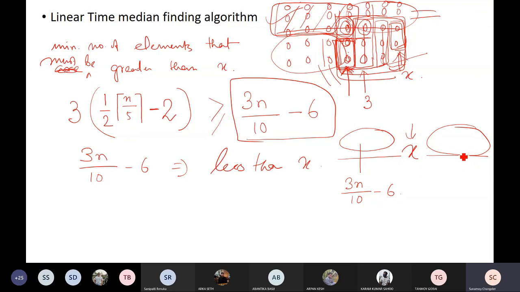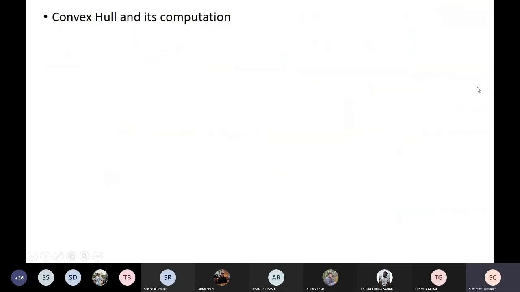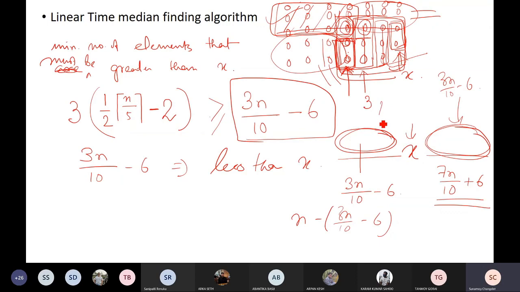Therefore, the right partition contains 7n by 10 plus 6, because n minus 3n by 10 minus 6 gives the other partition. If 3n by 10 minus 6 is the number of elements which are less than x, then the right partition contains 7n by 10 plus 6. If 3n by 10 minus 6 is the number of elements which are greater than x, then this partition contains 7n by 10 plus 6.